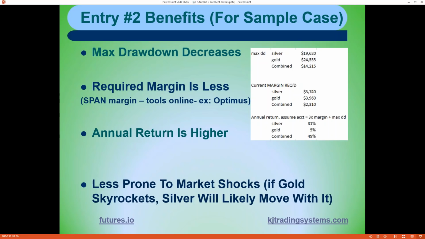And so when you put that together, lower drawdown, less margin, and you make some assumptions about what account size you need, which I did here, you go from 31% with silver to like a 49% annual return over that sample period of the combined system. So less drawdown, higher return, and it's not shown here, but a smaller account size. Pretty cool. So it's a neat way to do it.